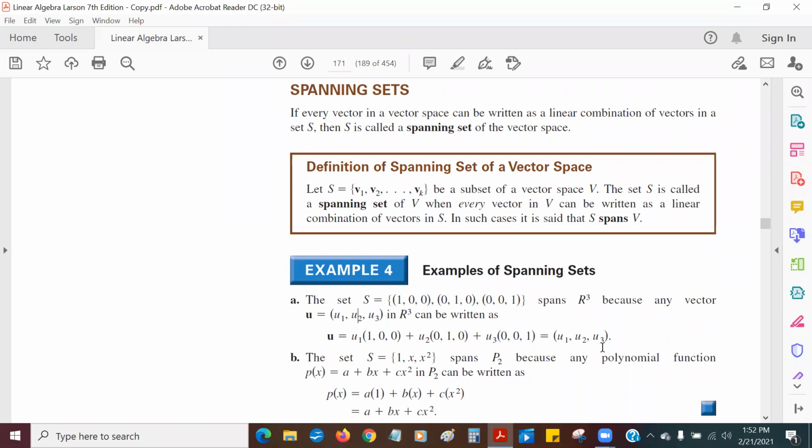So this is actually called the standard spanning set, because it's pretty basic.